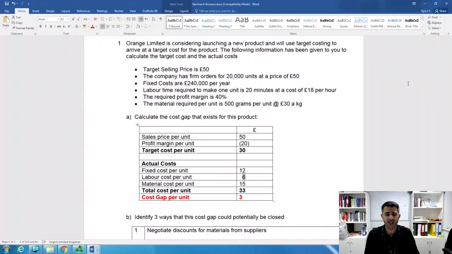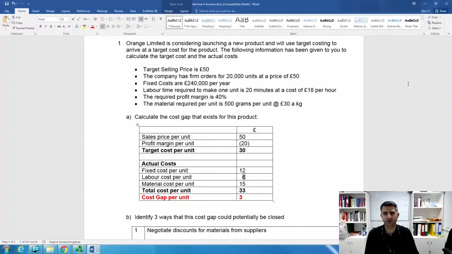If 1000 grams cost us £30, then half of it, half a kilo, which is 500 grams, is £15.